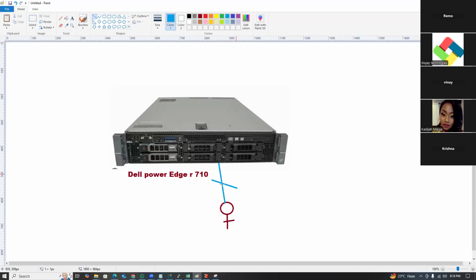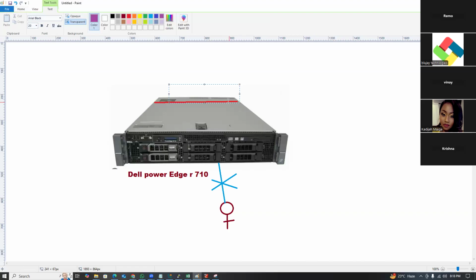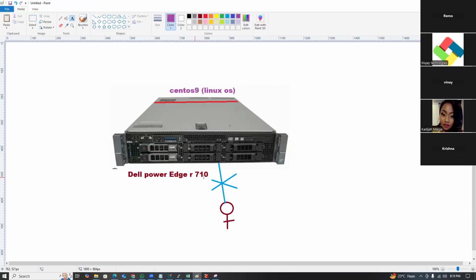Directly we cannot interact with this hardware, so definitely we need to install the OS. Which OS are we installing? We are installing CentOS. So this is a Linux OS.